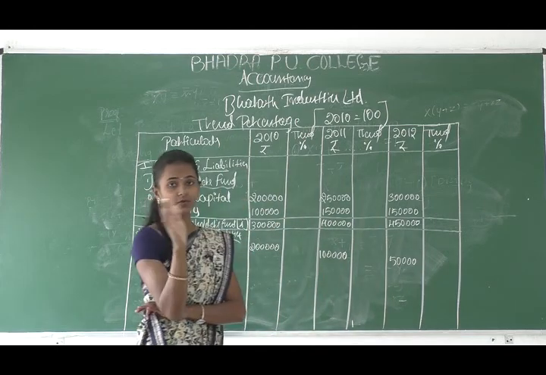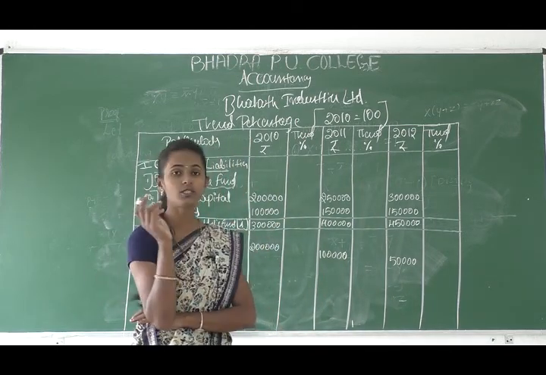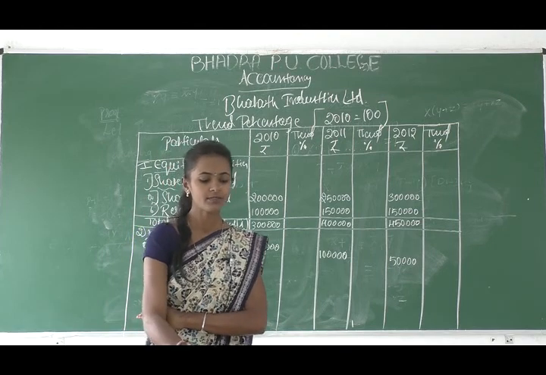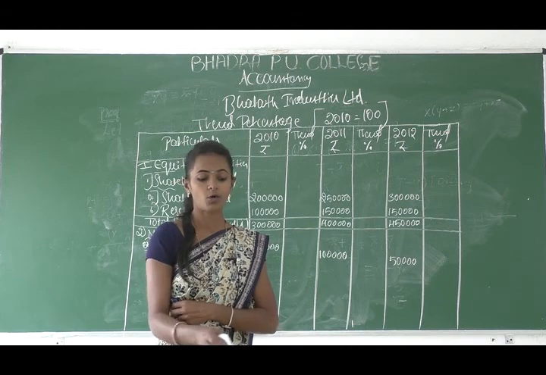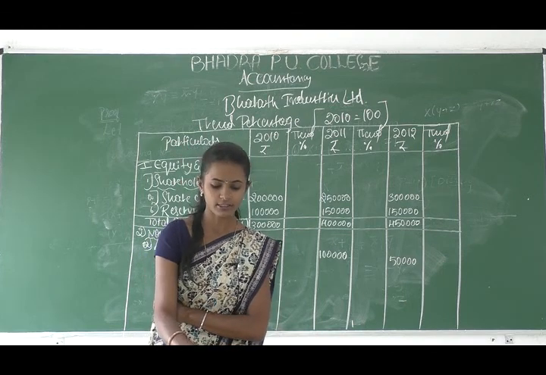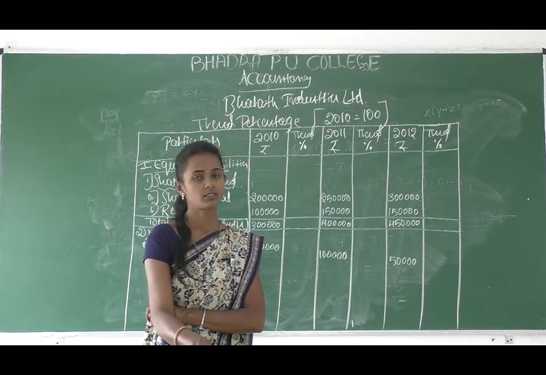Second one, again go back to your format. The second item under non-current liabilities is other long term borrowings. Look, have they given any other long term borrowings? Long term borrowings not given.